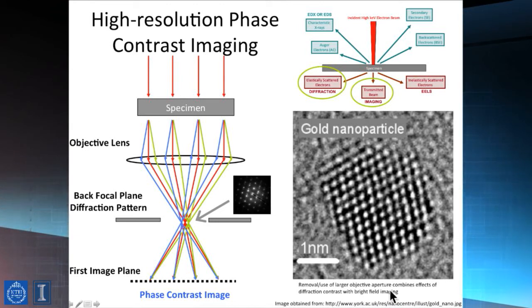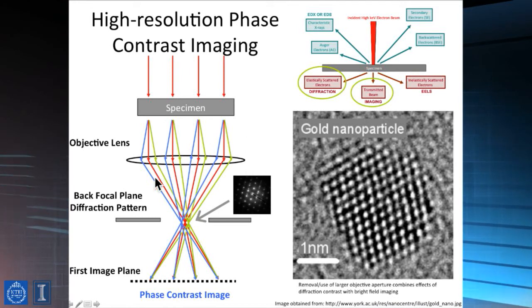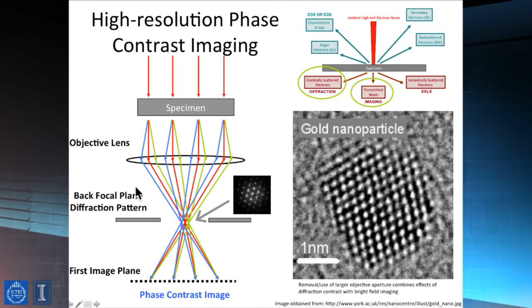So basically, this is an enhancement that comes from the details of the lens design that are used. And you'll notice that what we can see here are the ordered columns of atoms.